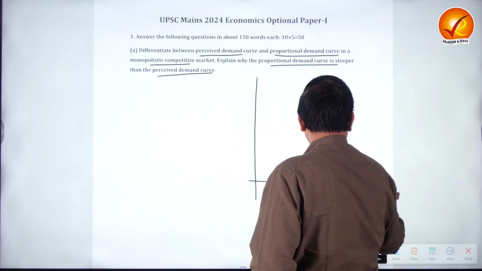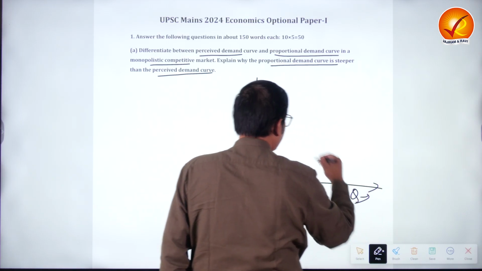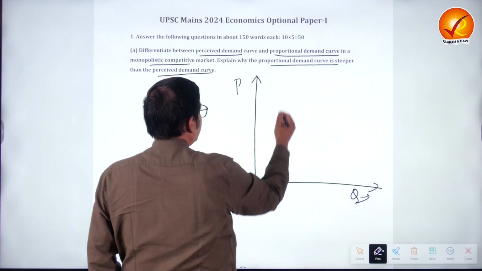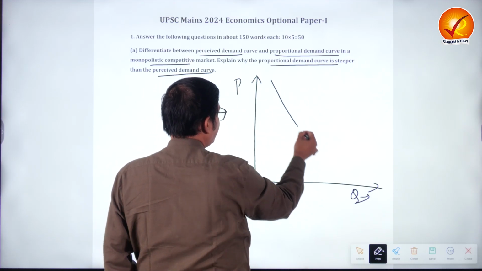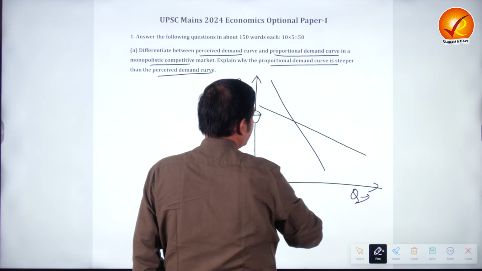So when we talk about the two types of demand curves, let's say here we have quantity and here we have price. Then one demand curve is the proportional and the other is the perceived.